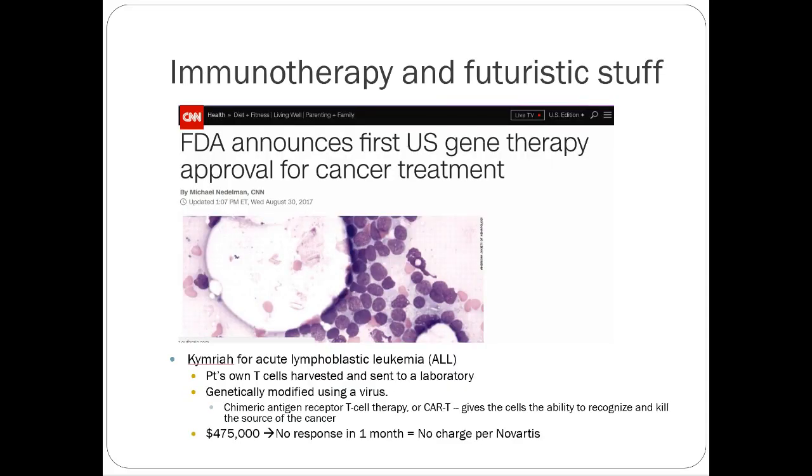Futuristic stuff, gene treatment's pretty cool. There's a drug called Kymriah, which is for acute lymphoblastic leukemia. They take the patient's own T cells, harvest them, genetically modify them using a virus, and then give them back to the patient. It costs like $500,000 to use this, but if the patient doesn't get any response, the company will actually refund any fee they charge. So it's pretty cool. I think we're going to see a lot more of this going forward.